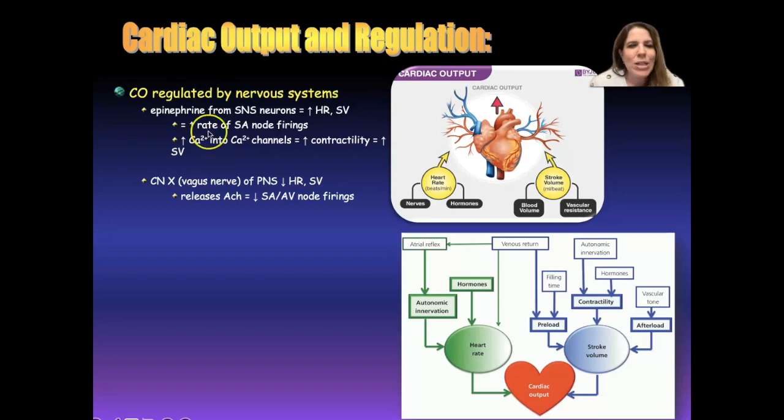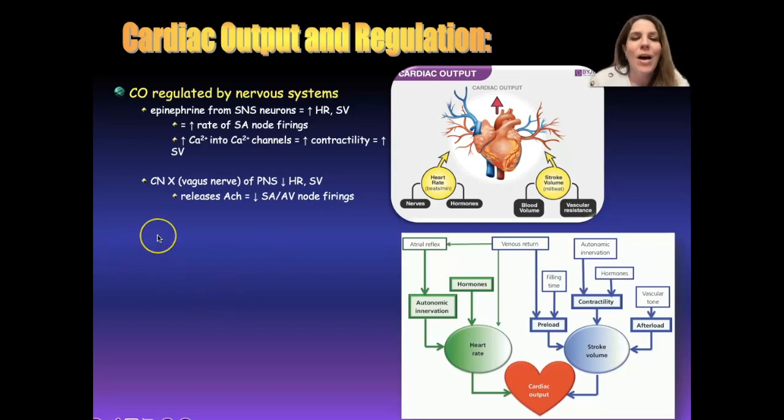And so as you are increasing the amount of epinephrine to the heart, that causes an increase in the calcium ions moving through those calcium channels we talked about before. That ultimately causes contractions of the sarcomeres inside those contractile cells to happen more frequently. And therefore, that increases the contractility of the heart and the overall stroke volume, thereby affecting and increasing the overall cardiac output.